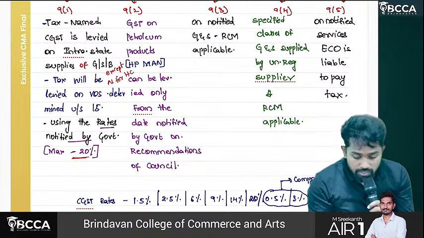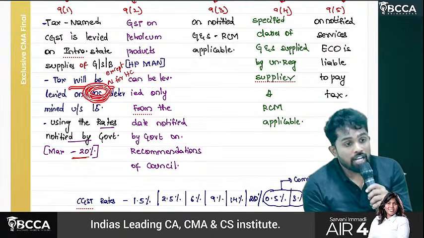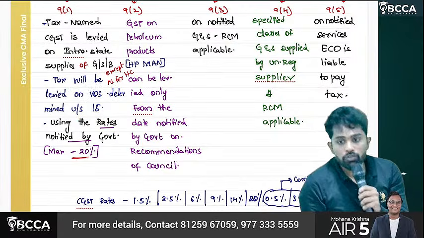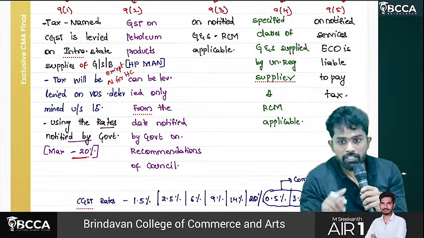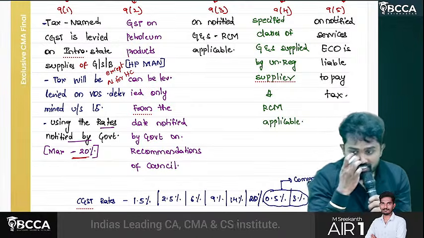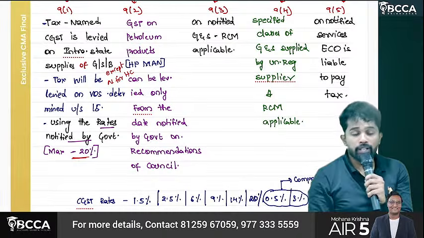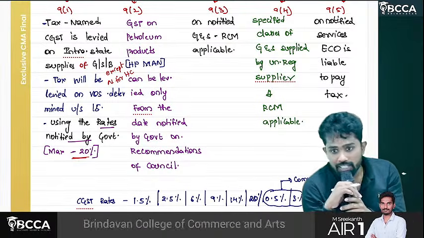So the point is, the tax will be levied on the value of supply determined under section 15. By using what rate? We will not just take a random rate, right? It is the rate notified by the government, but the maximum is how much? 20%.